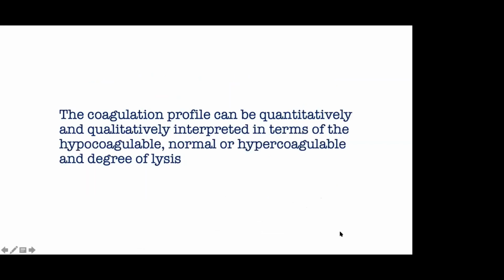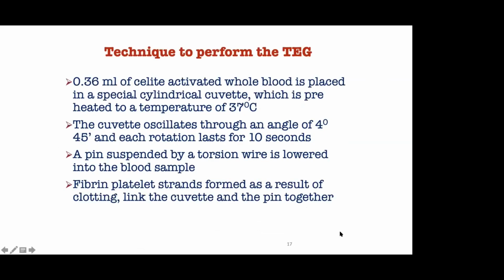So the coagulation profile can be quantitatively and qualitatively interpreted in terms of hypocoagulable, normal or hypercoagulable states, and the degree of lysis. That is the technique of how it is performed: 0.36 ml of Celite-activated whole blood is placed in a special cylindrical cuvette, which is preheated to 37 degrees centigrade, body temperature.